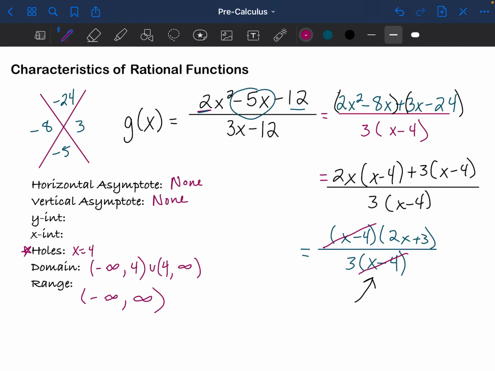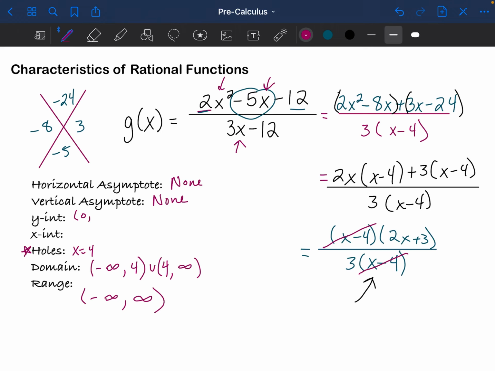So when x equals 0, if I plug in 0 there and there and there, we would end up with negative 12 over negative 12. So our y-intercept is at 0, 1.